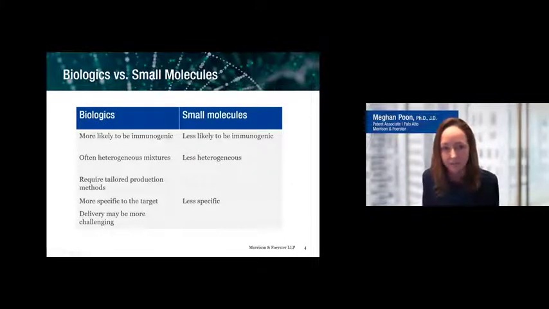So as I mentioned previously, there are some key differences between biologics and small molecules, and these differences actually really impact our IP strategy. Biologics are more likely to be immunogenic as compared to small molecules, and that's because of the way that biologics are made.